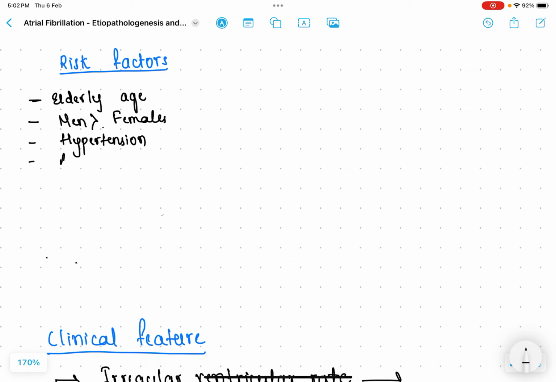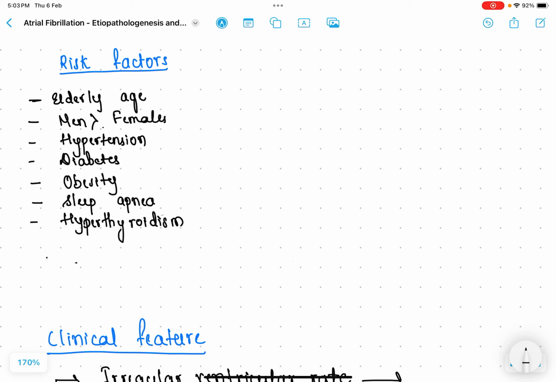Then, if the patient has diabetes mellitus, obesity, sleep apnea, hyperthyroidism, and cardiac disease.